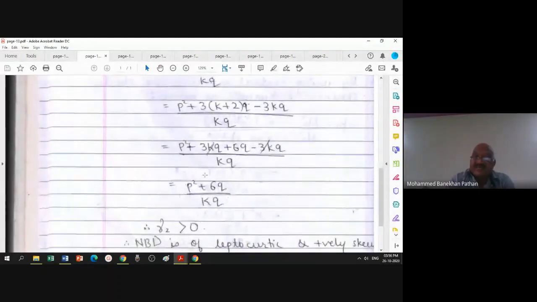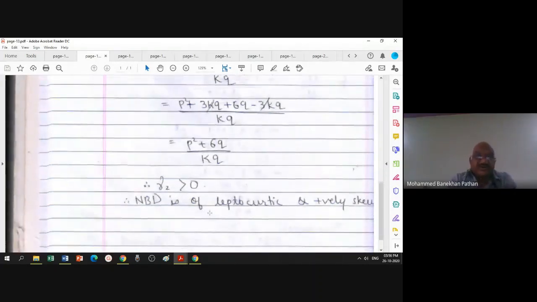Again, you can see the numerator, there is no minus sign. P is a probability of success. Q is a probability of failure. Both are probabilities, and we know probability is never negative. And that's why gamma 2 greater than 0.